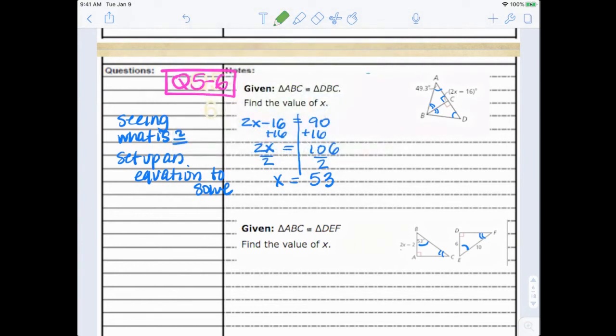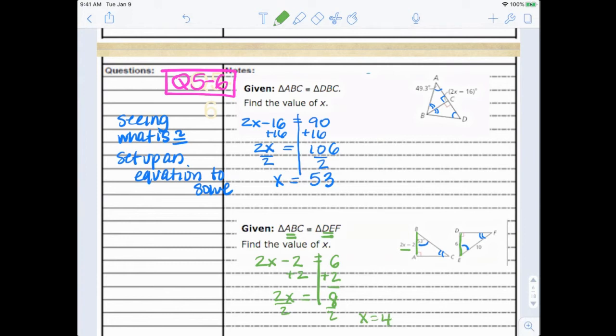I want to find the value of x, which is here, which is side AB. AB relates to DE. So 2x minus 2, the AB, is equal to DE, which is 6. Oh yes, now I have another equation that I can solve. I add my 2. 2x equals 8, divide by 2, and I get x is 4.